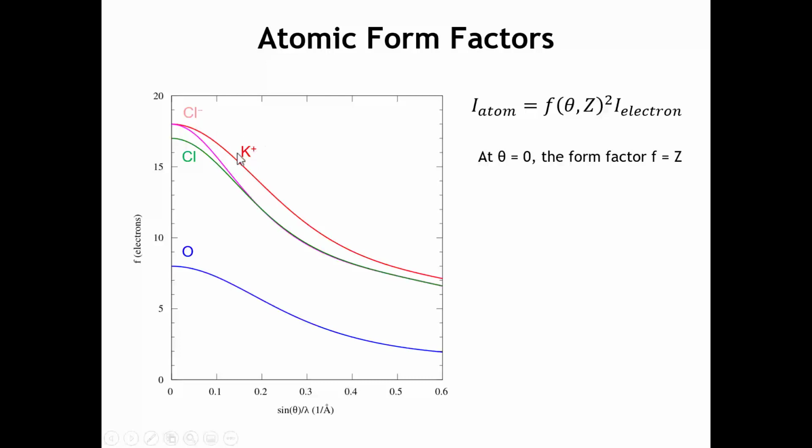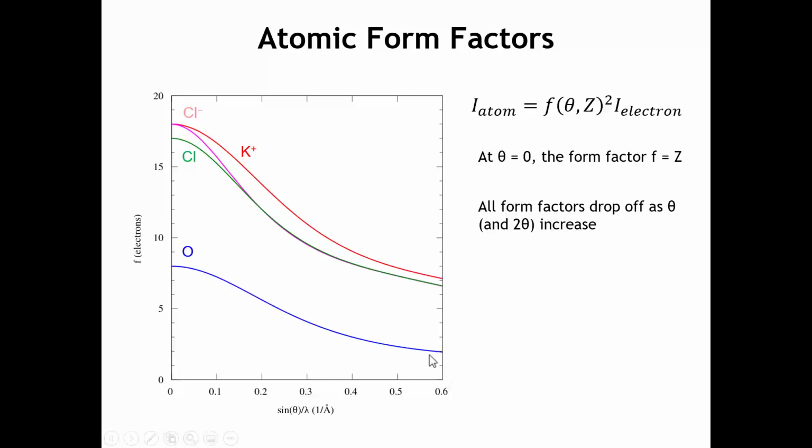And then if we were to look at potassium cation, it also has 18 electrons, and so at sine theta equals 0, it has the same form factor as a chloride ion. But then as we move away to larger angles, then the form factors drop off. That's the most important thing to remember from this slide.